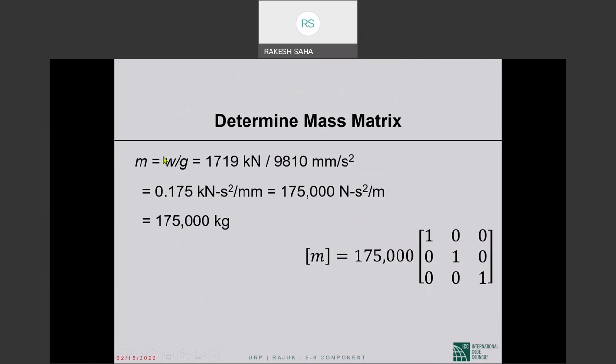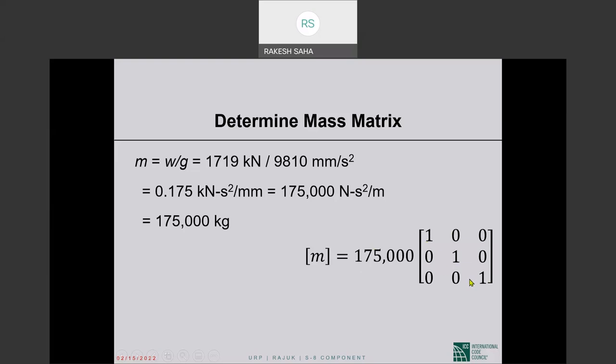The mass is weight divided by the acceleration due to gravity. Weight is given as 1,719 kilonewton. The g is 9810 millimeter per second squared. Anyway, mass comes out to 175,000 kilograms. The mass matrix for a lumped mass model is a diagonal matrix with only the diagonal terms having values.